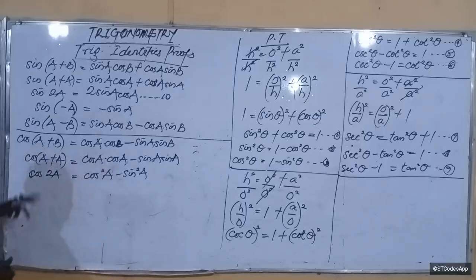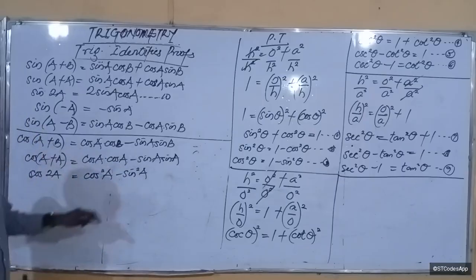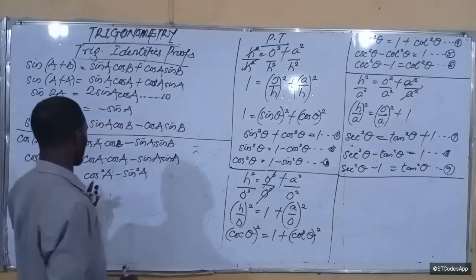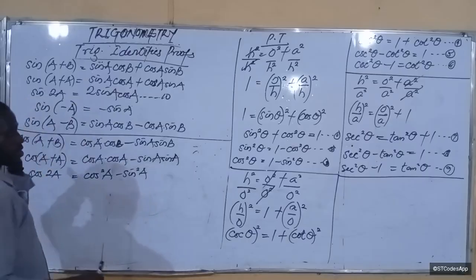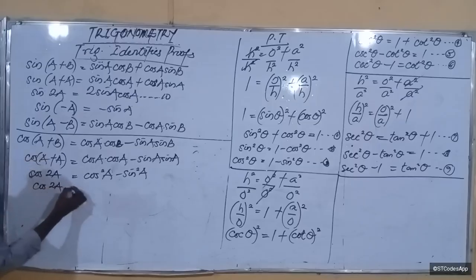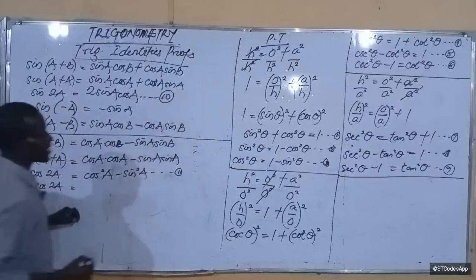Good. So cos 2A equals cos squared A minus sine squared A. But if you notice, we have come across this before, cos squared and sine squared. So let's write cos 2A in terms of cos. This is identity 11.